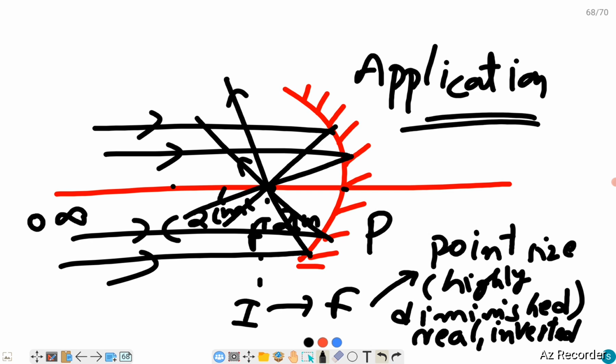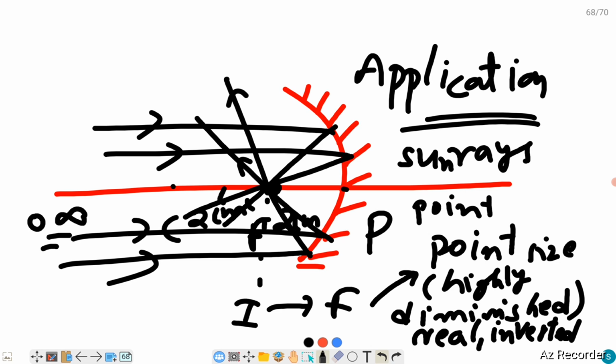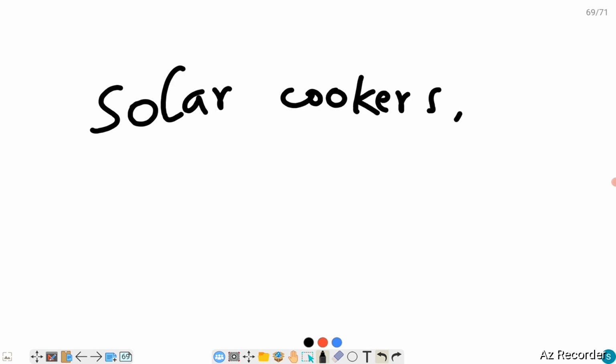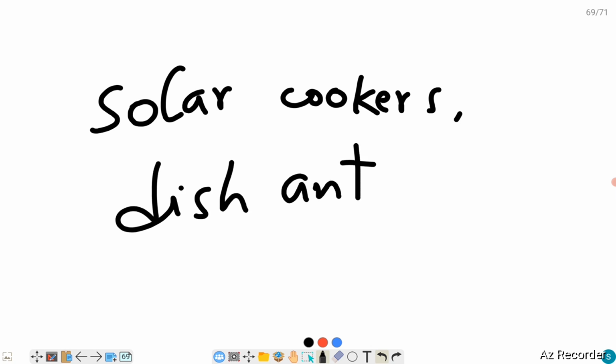So here we have the object at infinity and the image is formed at focus, and it is very small. As we have seen, the sun rays we can converge at this point. So have you seen, we generally use solar cookers or dish antennas also, like Tata Sky, all of them will be there, right?